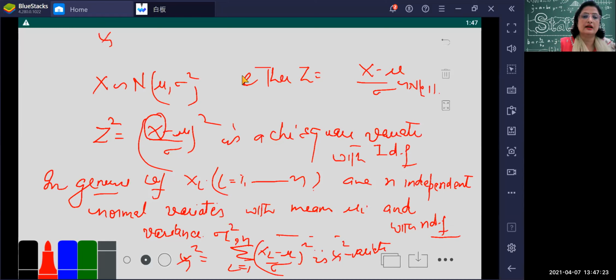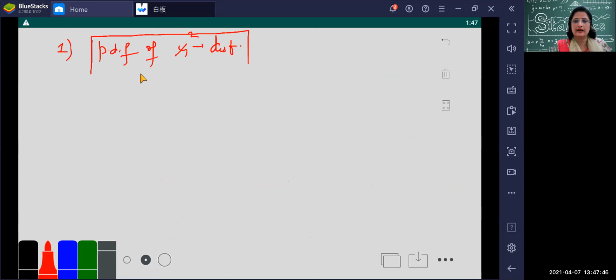Our topic is chi-square distribution. First we defined chi-square variate. Next, what is the PDF? The first task is to find the probability density function of chi-square distribution.